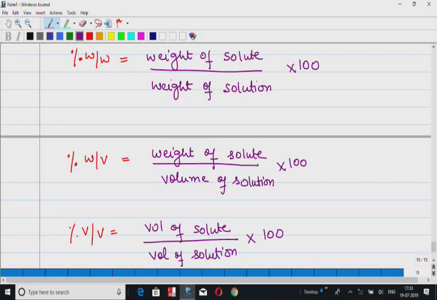Written, everyone? Okay, nice. Kohima Center, any doubt in these formulas?